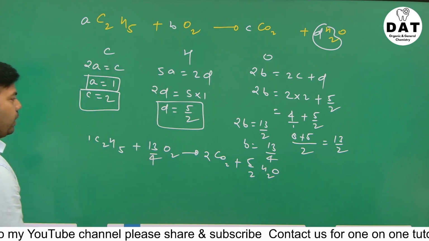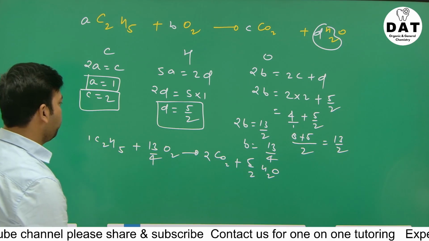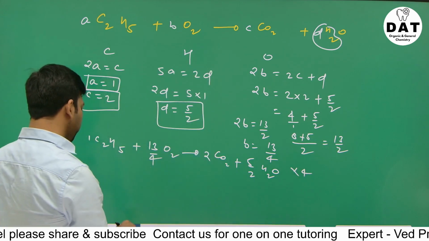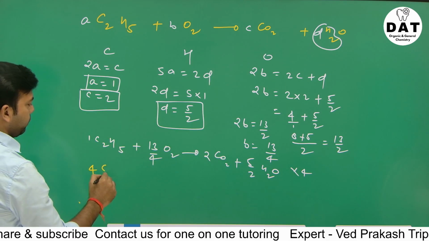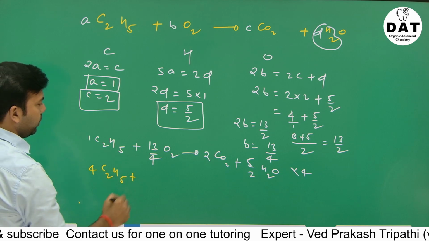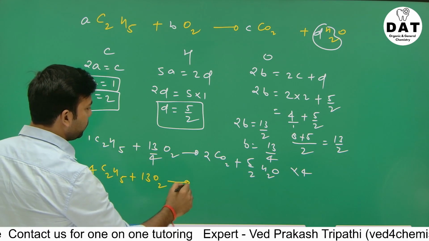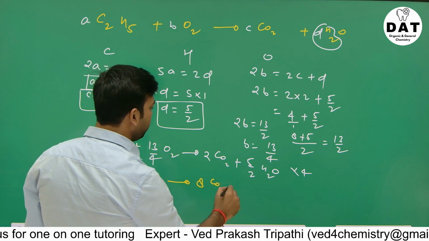So again we can remove the fraction value. So we can multiply the net equation by 4. So if you multiply by 4, how much it will be? Look at here. So 4 C2H5 plus 13 O2 gives you 8 CO2 plus 10 H2O.